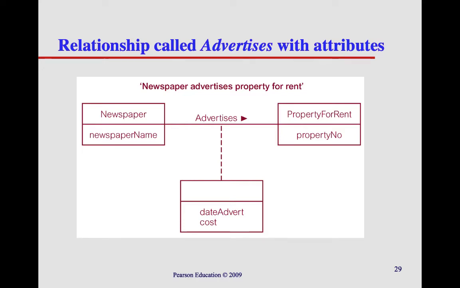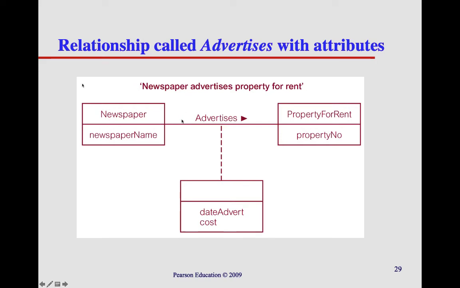Also, notice that while I have an arrow here, this is really a many-to-many relationship, because a newspaper will typically advertise one or more properties for rent, but we may well use multiple newspapers to advertise a property for rent. So we could have also said a property for rent is advertised in a newspaper.